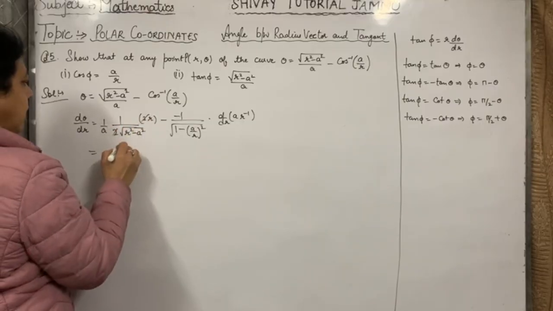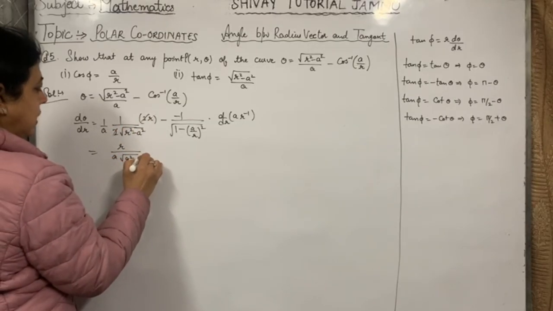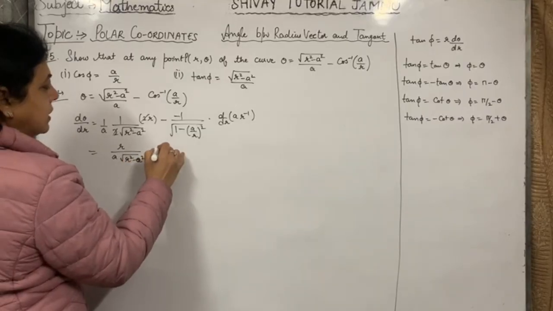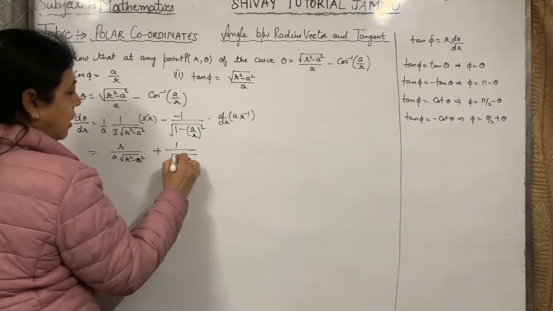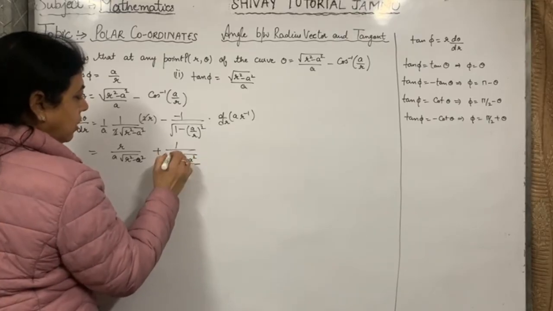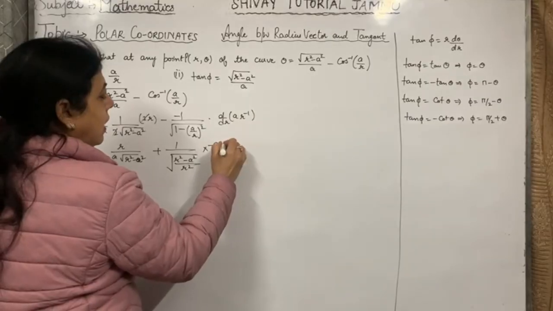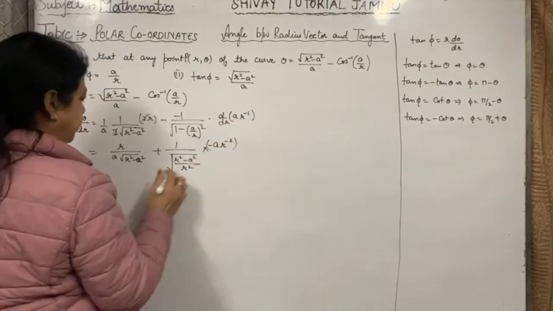We will get minus 1 upon root r square minus a square upon r square into a r power minus 2.